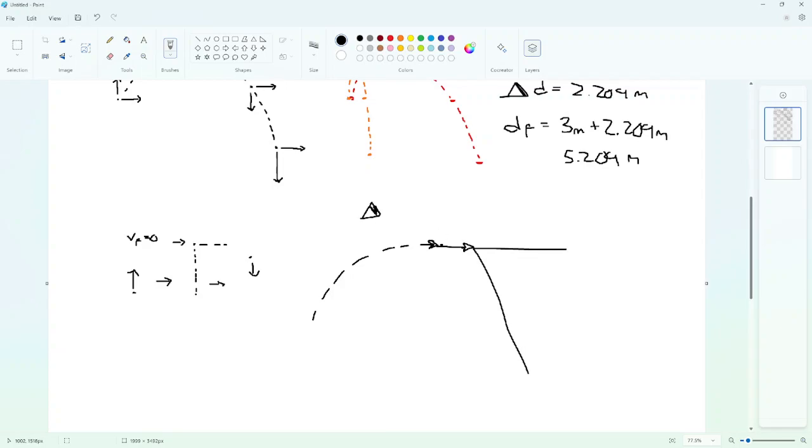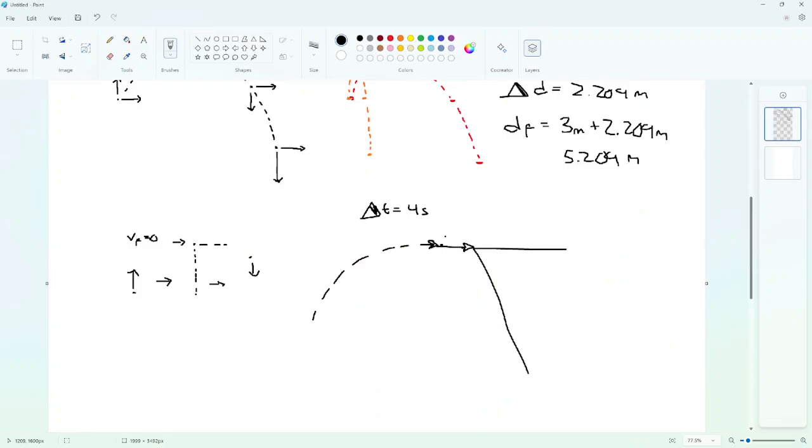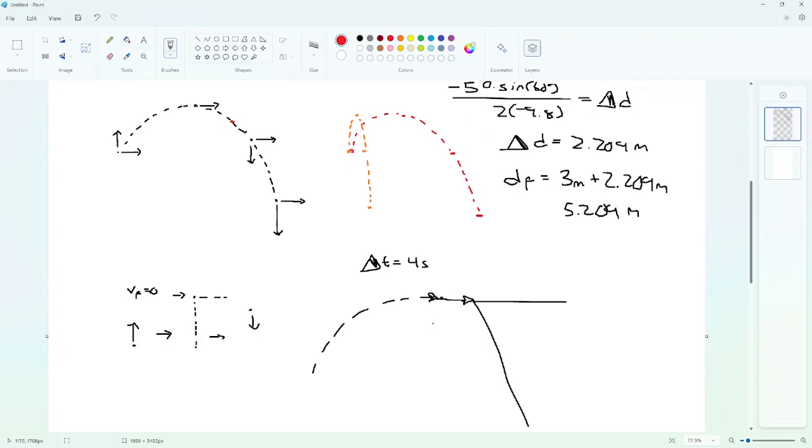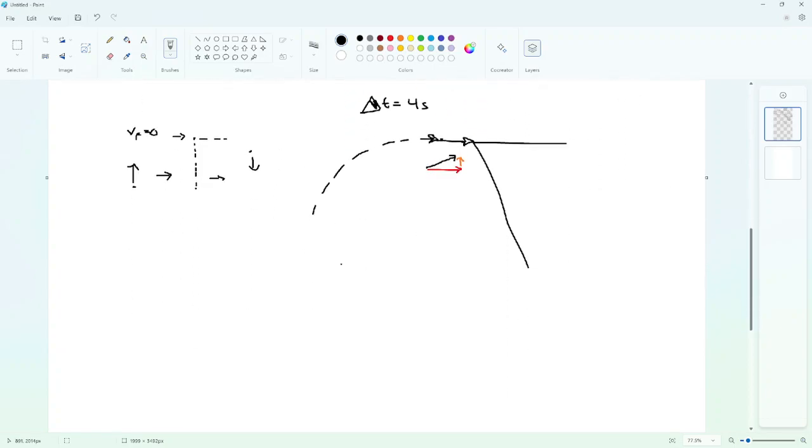After a change of t equals 4 seconds, we're traveling with a horizontal velocity that is the same as when we first started, but a vertical velocity that is different. And in order to calculate our final velocity, we will need these two.